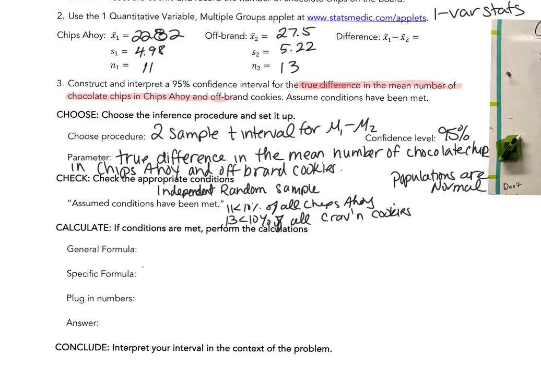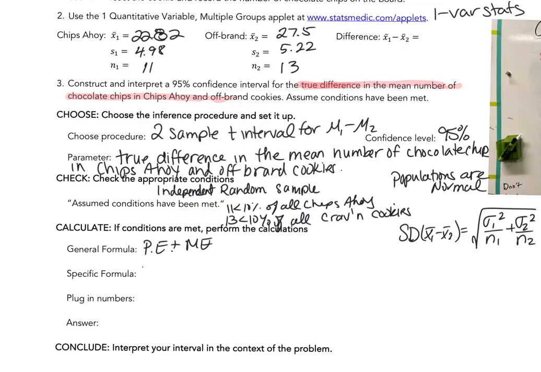Our general formula was our point estimate plus or minus the margin of error. But our specific formula is a little bit different. I don't know if you remember, but the standard deviation for the x bar 1 minus x bar 2 from chapter 7 is the square root of sigma 1 squared over n1 plus sigma 2 squared over n2.